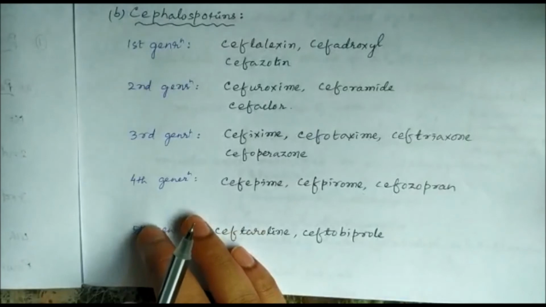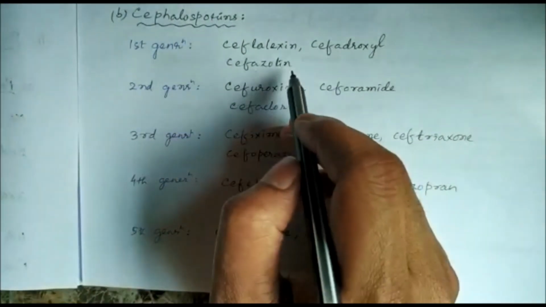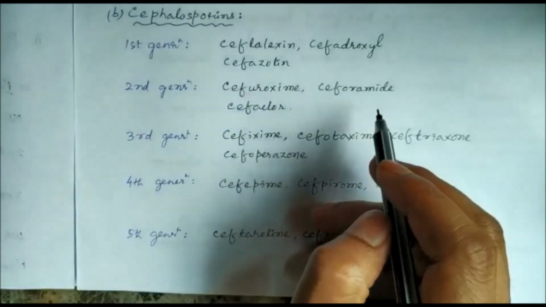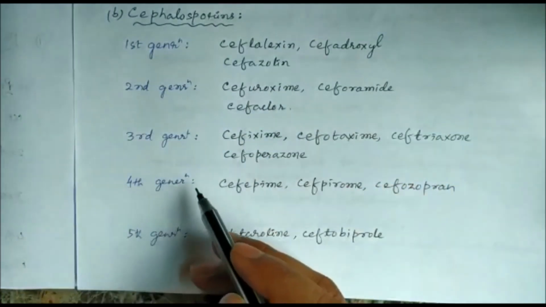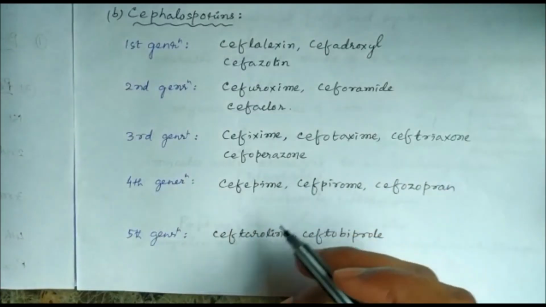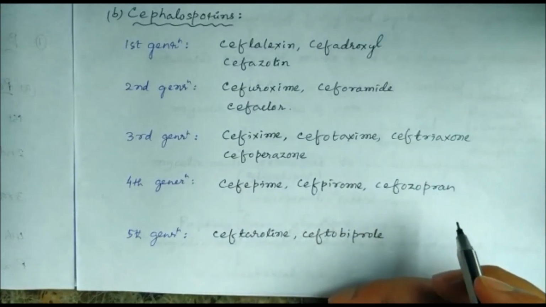The cephalosporins can be divided into five generations. First generation: cephalexin, cefadroxil, cefazolin. Second generation: cefuroxime, cefamandole, cefaclor. Third generation: cefixime, cefotaxime, ceftriaxone, cefoperazone. Fourth generation: cefepime, cefpirome, cefozopran.